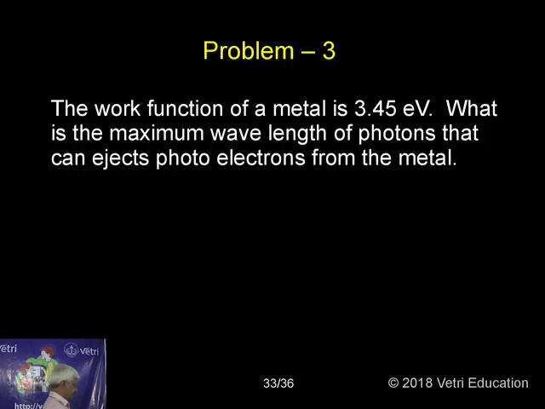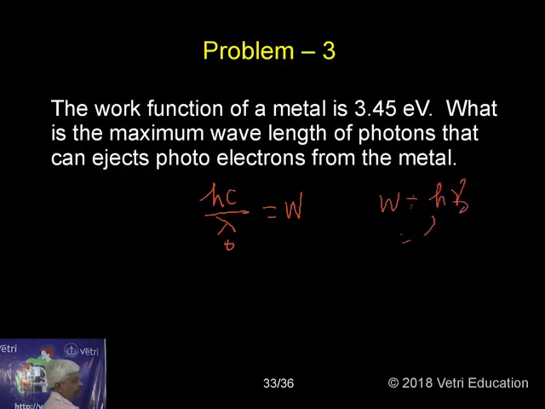So here, hc by lambda naught is equal to W. Why? We know the work function is always h nu naught. H into C is equal to nu lambda, nu is equal to C by lambda, that is C by lambda naught. So given the parameters, I have to convert it.